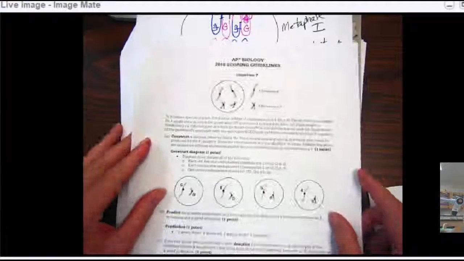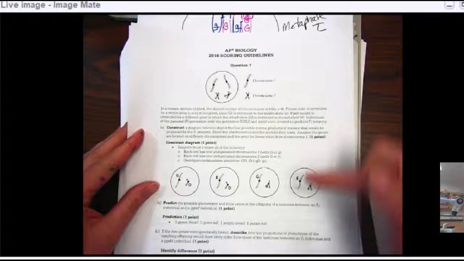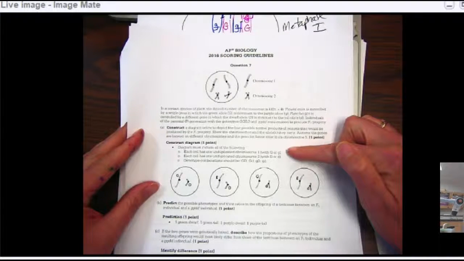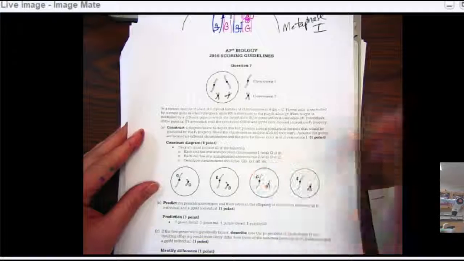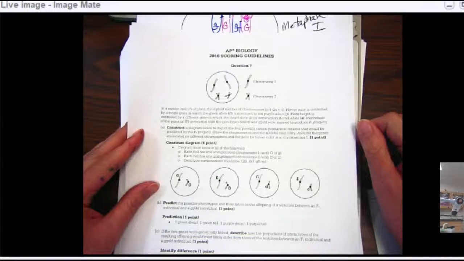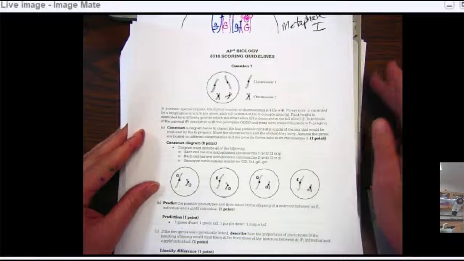So here's the rubric. Each cell has 1 unduplicated chromosome 1. Each one has an unduplicated chromosome 2. Genotype combinations are there. As long as you have them, that's fine.